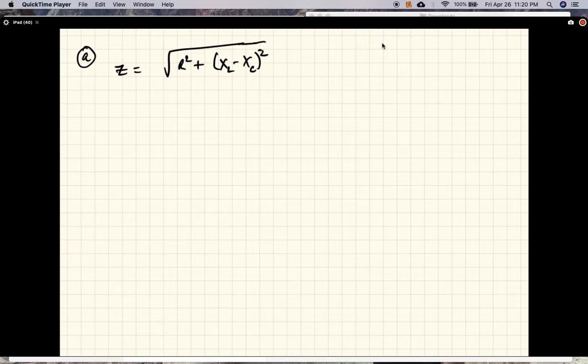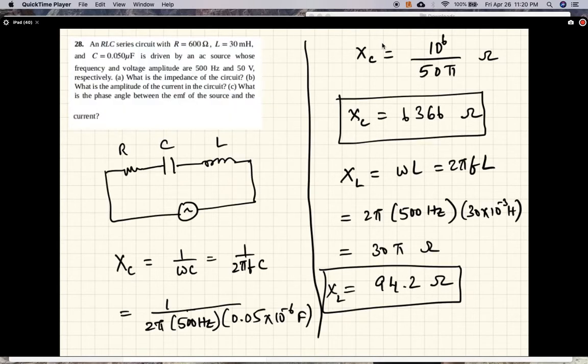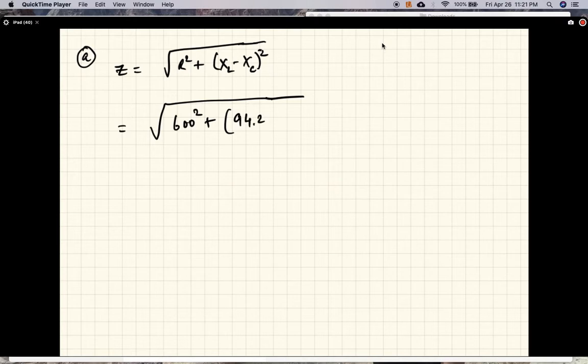So this is equal to 600 ohms squared plus 94.2 minus 6,366 ohms squared, and this works out to 6,300 ohms.